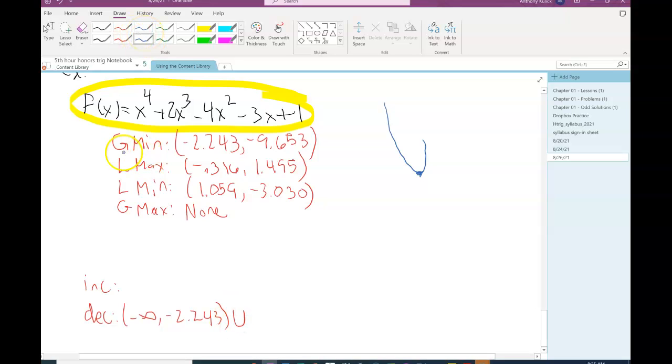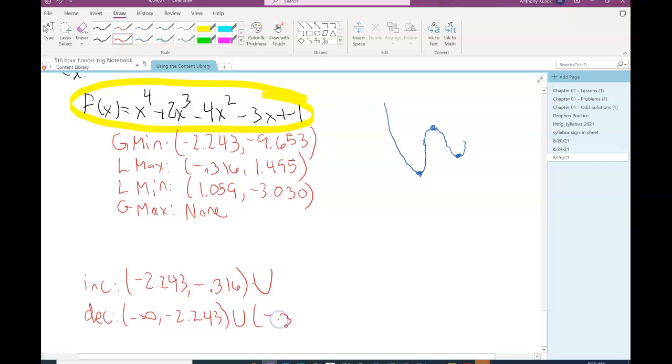From my global minimum, I go up to a local maximum. So in that section, we're increasing. So from the x-coordinate of the global minimum to the x-coordinate of the local maximum, I am increasing. Then from the local maximum, I go to a local minimum. Well, that's decreasing.